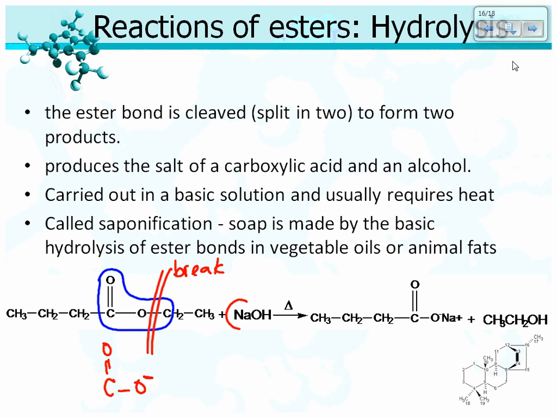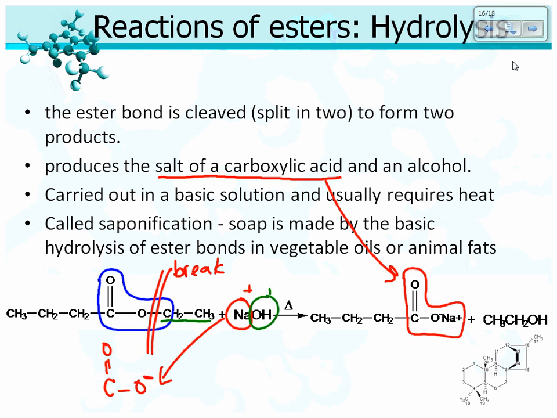That's going to attract the positive charge on your sodium, so that's how I got this product here. Sorry, it produces the salt of a carboxylic acid. That's what that is. What's left over? You've got your 2 carbons here that were cleaved off, and you've got an OH group. That's going to go on that carbon, and that's how I ended up with this alcohol.